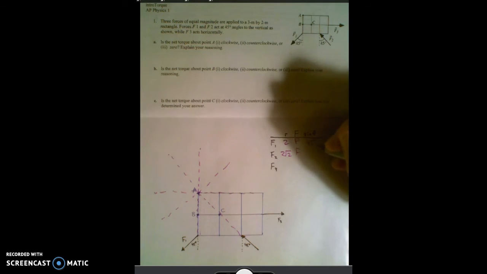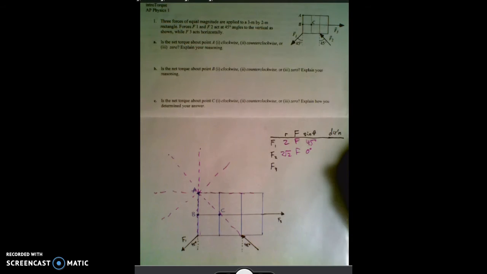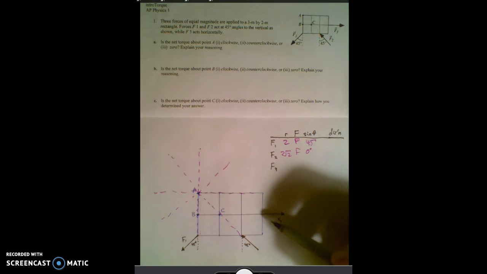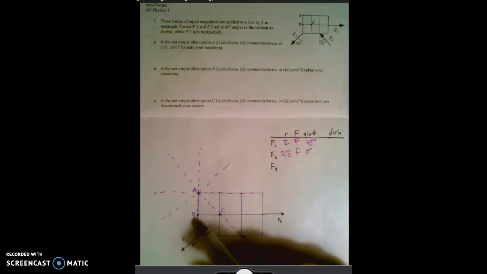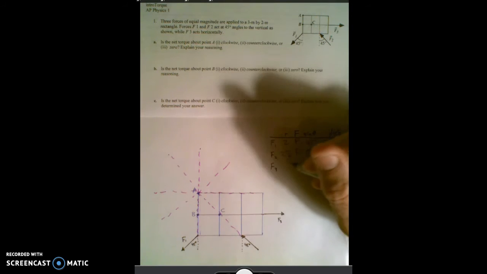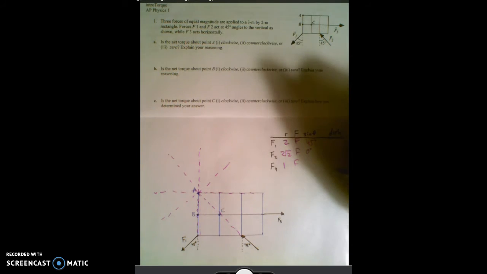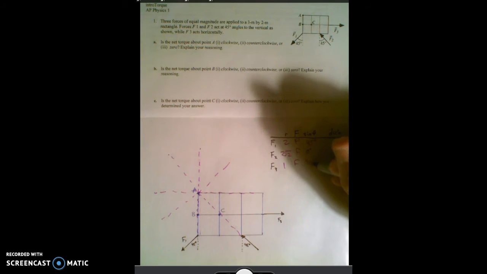Doesn't really matter because the sine is equivalent. For F3, I could go to whichever of these radial arms I like. The perpendicular one seems to make more sense and be a little simpler because that gives me a radial distance of just 1, F, and sine of 90 degrees.